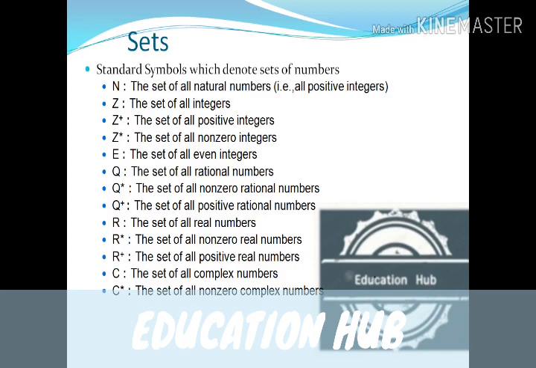So what is a set? The specific symbols of set theory are defined here, where N is the natural number set, Z is the set of integers, Z star is the set of non-zero integers, Z plus is the positive integers, E is the set of even integers, Q and so on.